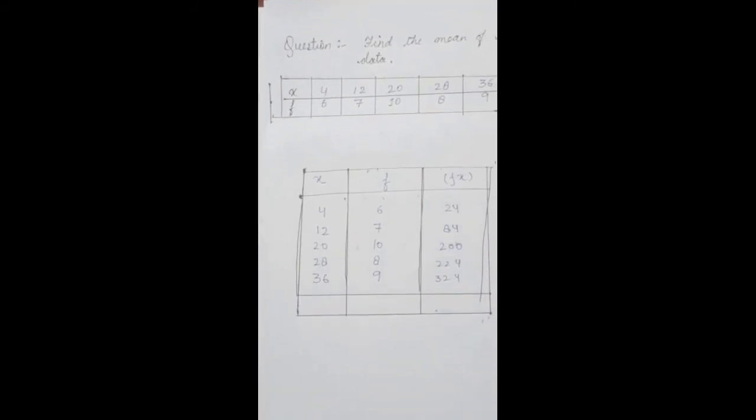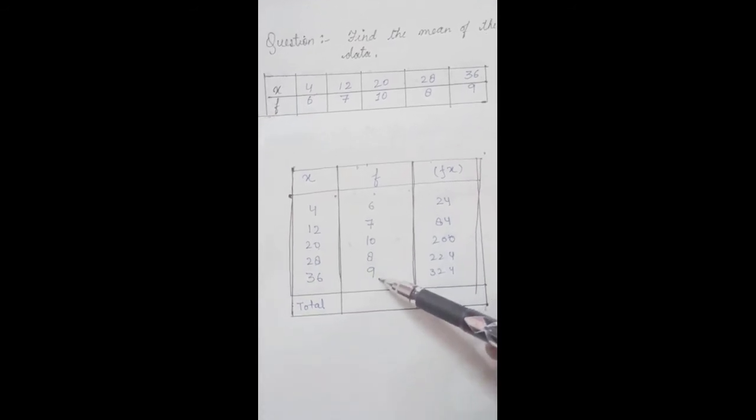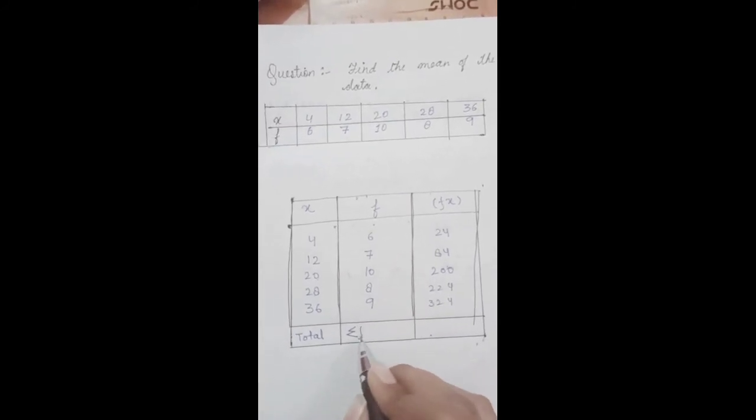Okay. Now the next step is, we write total here, and then we find the sum of these frequencies. And I have told you that to represent the sum we use this symbol sigma. So we are going to write down the sum here. Sigma f is equal to the sum of these numbers.